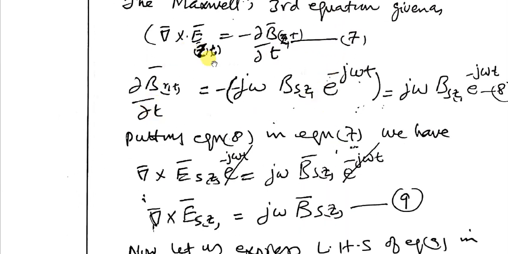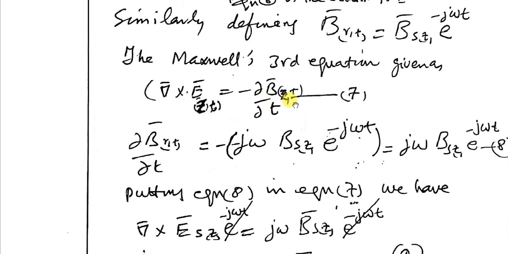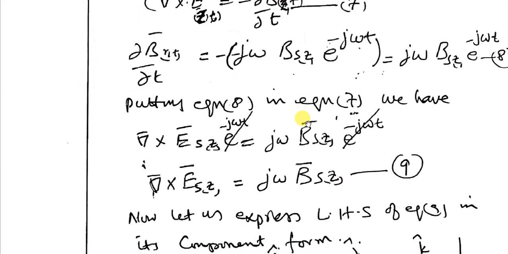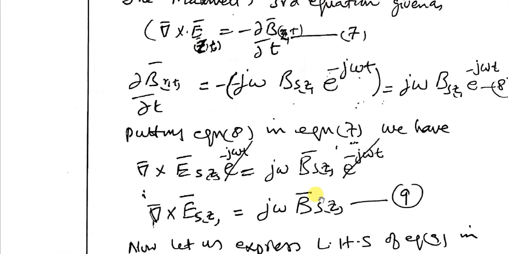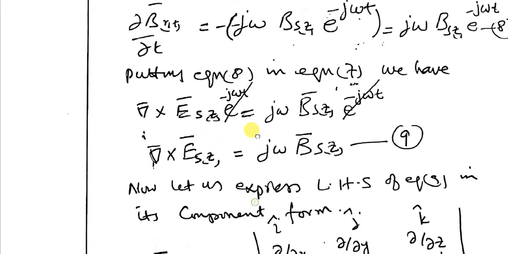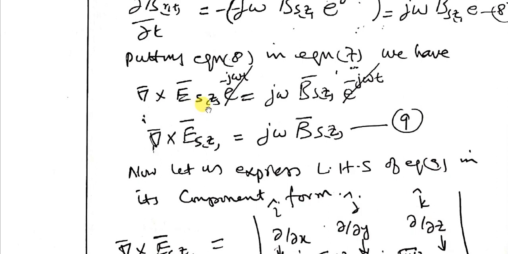If we take the right hand side and differentiate B of z t with respect to time, we get minus j omega B of S z e to the minus j omega t. Putting these values back in equation 7, we get the curl of E of S z e raised to minus j omega t equal to j omega B of S z on the right hand side.